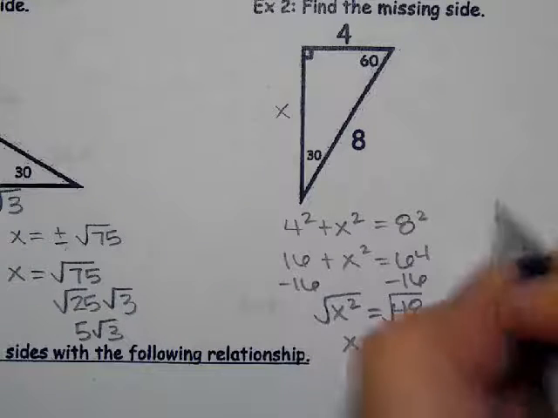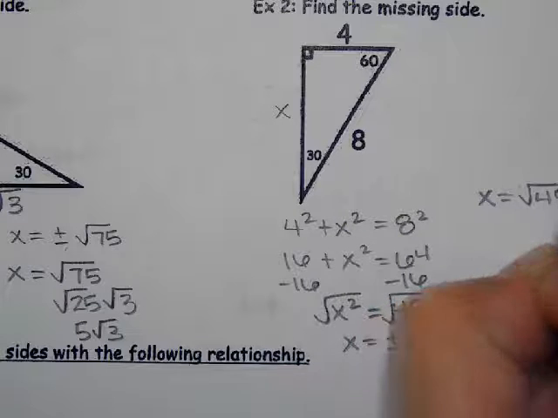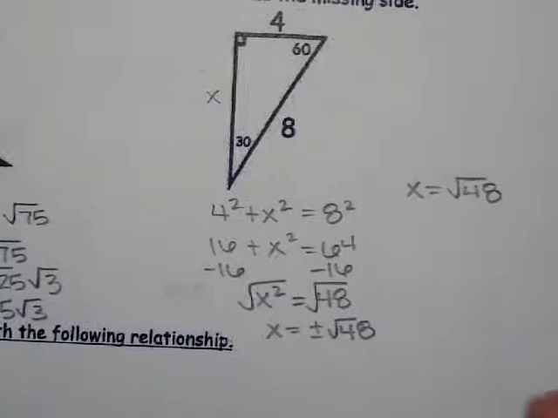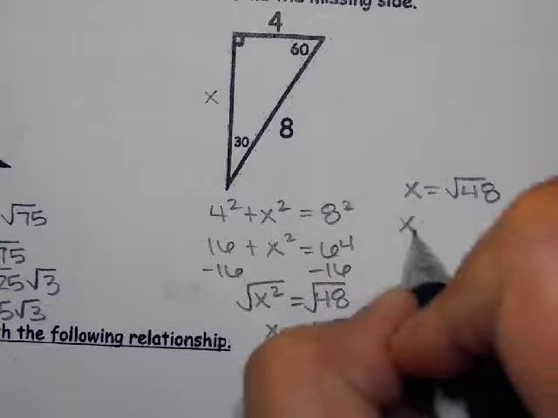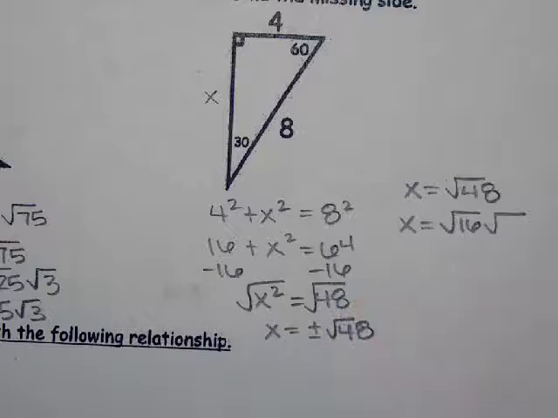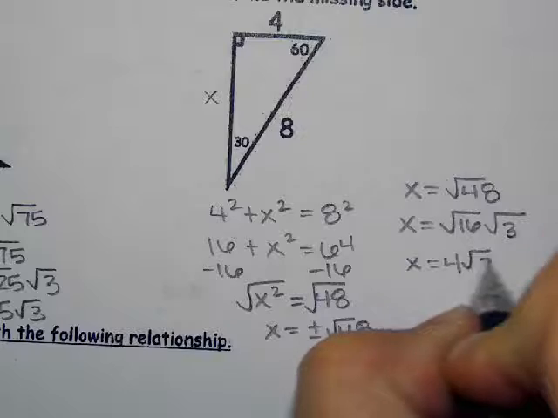So our answer is going to be the positive version. And then we want to reduce that radical. So what's the perfect square that goes into 48? Okay, so x equals square root of 16 times the square root of what? 3. X equals 4 root 3.